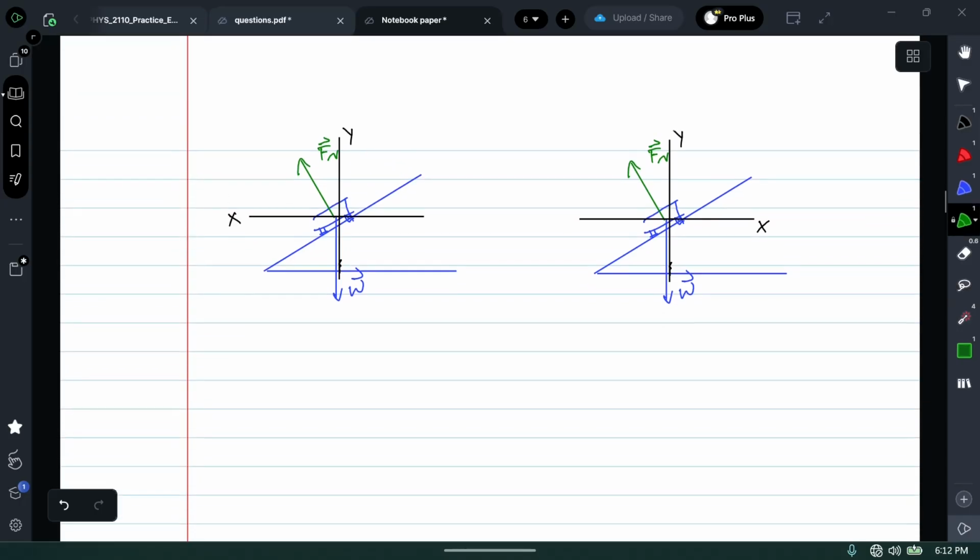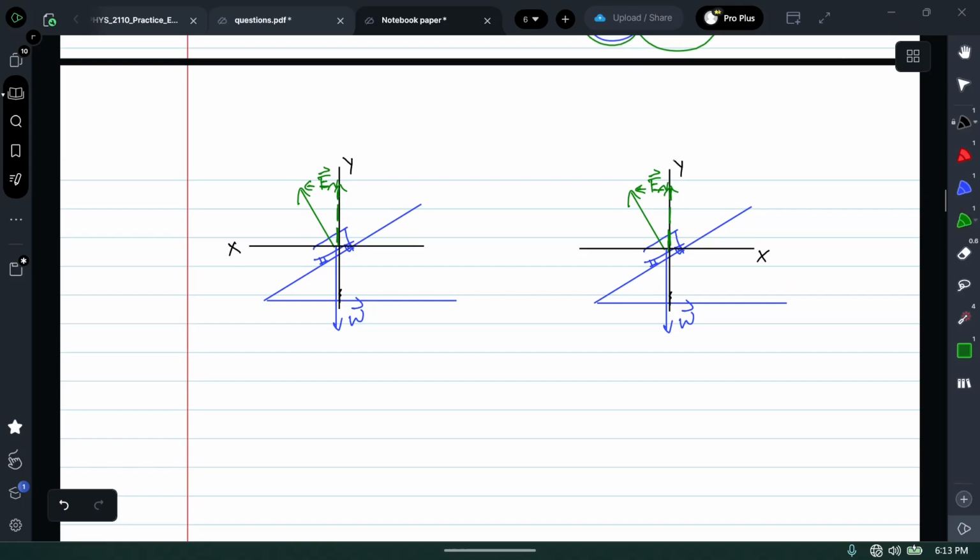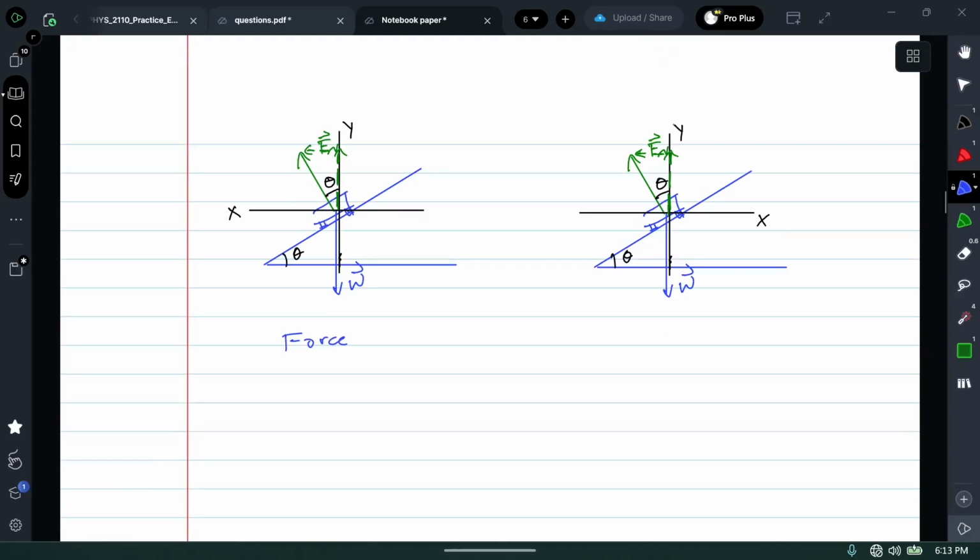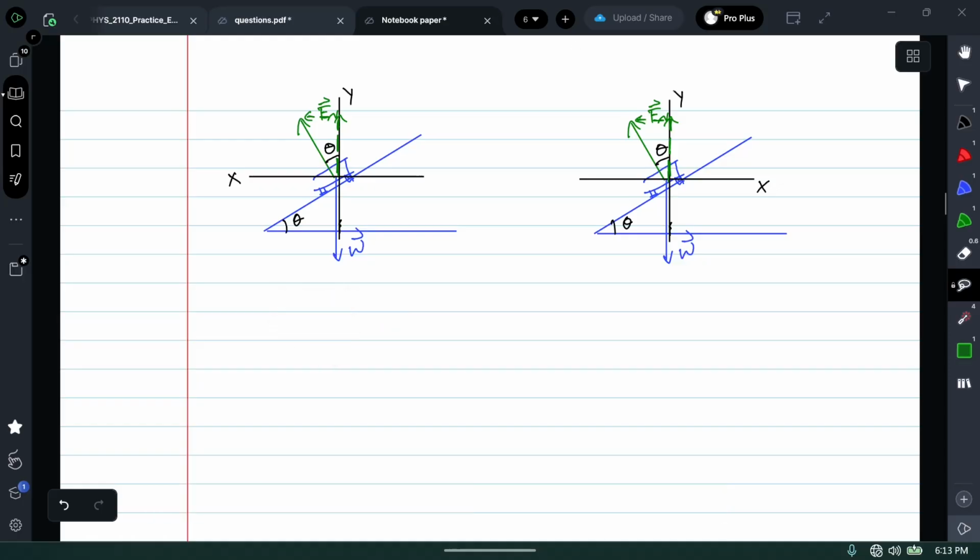In either case, the normal force has components in the y direction and in the x direction. In either case, if this angle is theta, going through a little bit of geometry, this angle must also be theta. I'm ready to make a free body diagram.